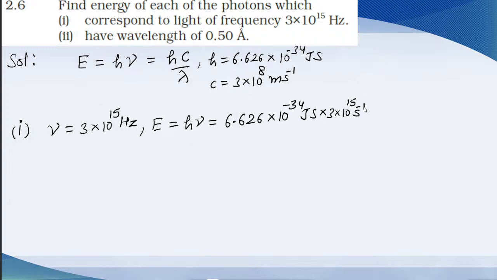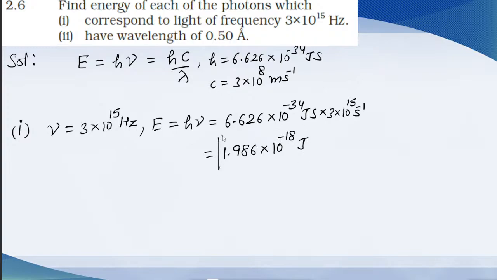So just multiply, we get 1.986 into 10 raised to power minus 18 joule.